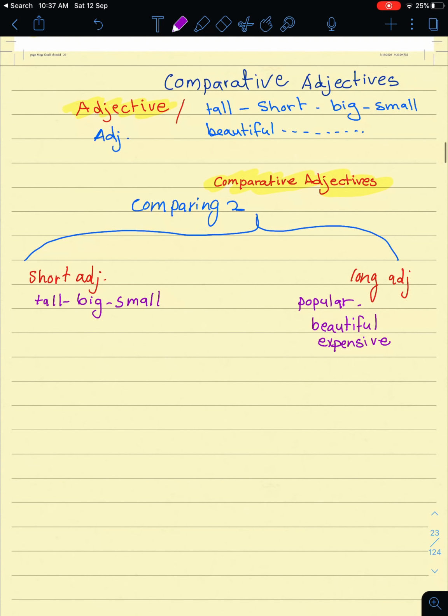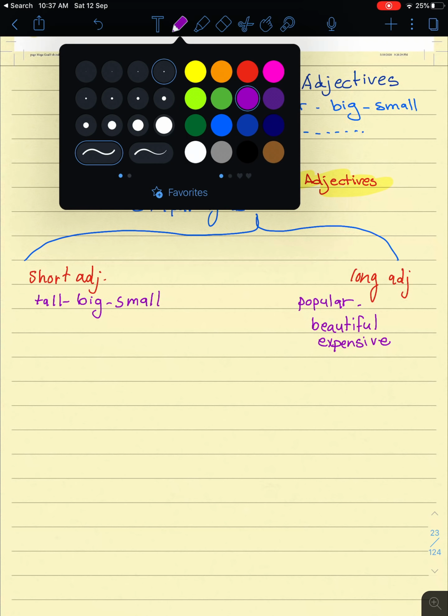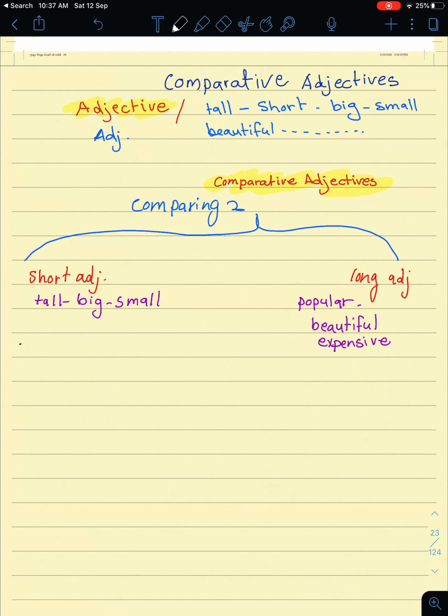When we compare between two things with short adjectives, the rule is, for example, أحط لكم جملة. Let's say Zahra is a tall girl, because I'm describing a noun.